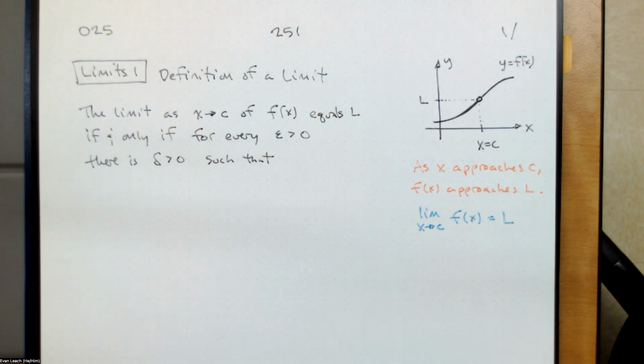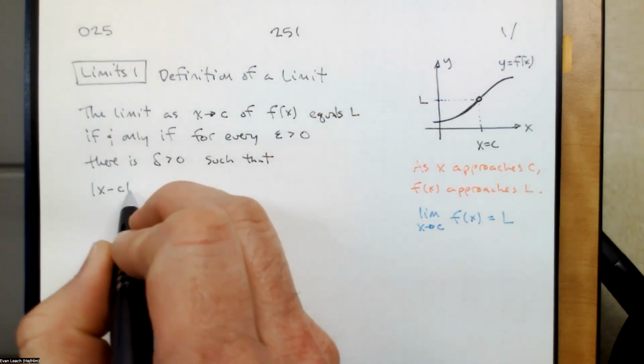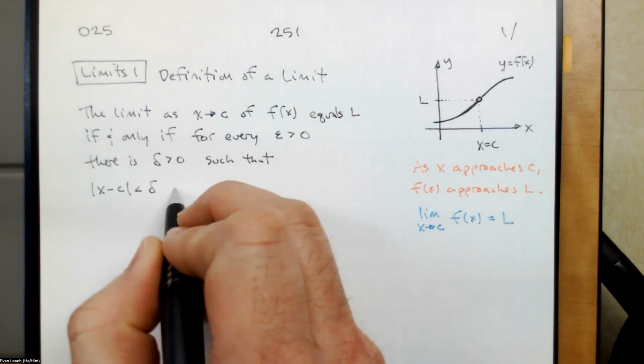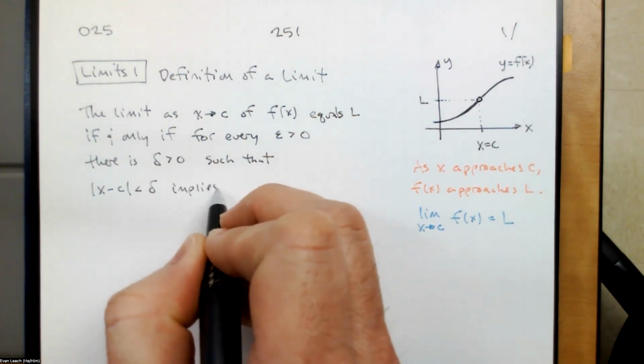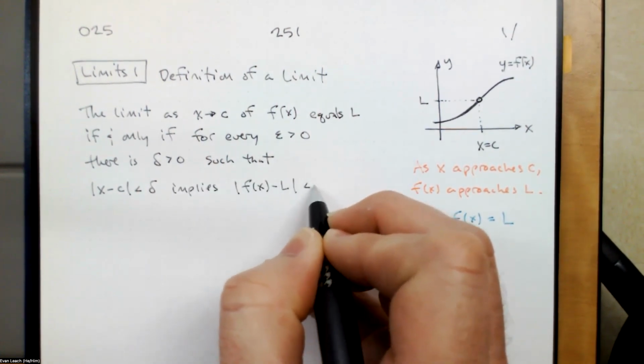I'll write like a D sans serif that's been backed into by a truck, causing a big old dent. The limit as x approaches c of f of x equals L if and only if for every epsilon greater than 0, there is a delta greater than 0 such that the absolute value of x minus c less than delta implies the absolute value of f of x minus L is less than epsilon.